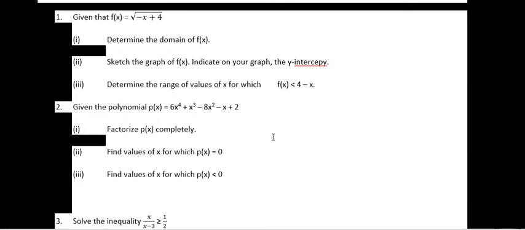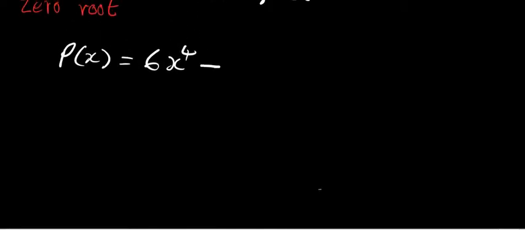So it was 6x to the power 4 minus x cubed, and then plus 8x squared.